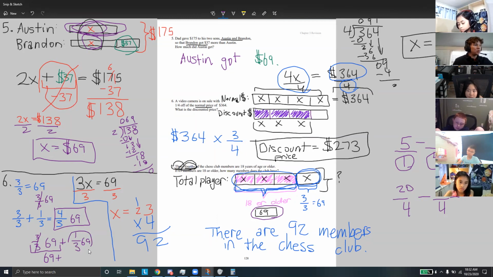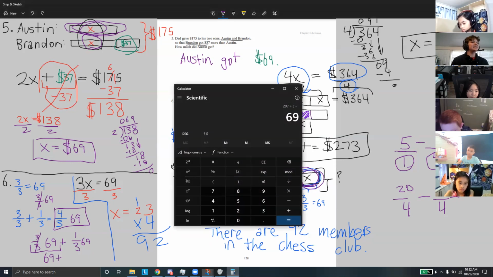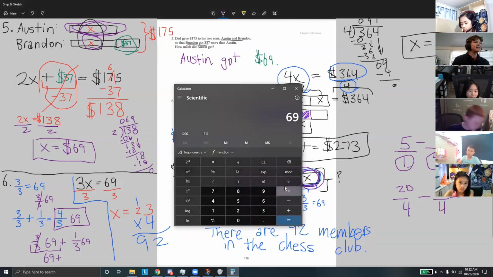The reason why this works, the 1 out of 3 times 69, is because we want to know what one more box is. And to find out what one more box is, we would just do 69 divided by 3, right? And that is exactly what we're doing here. 69 times 1 over 3 is the same as 69 divided by 3, because it goes 69 times 1 divided by 3.